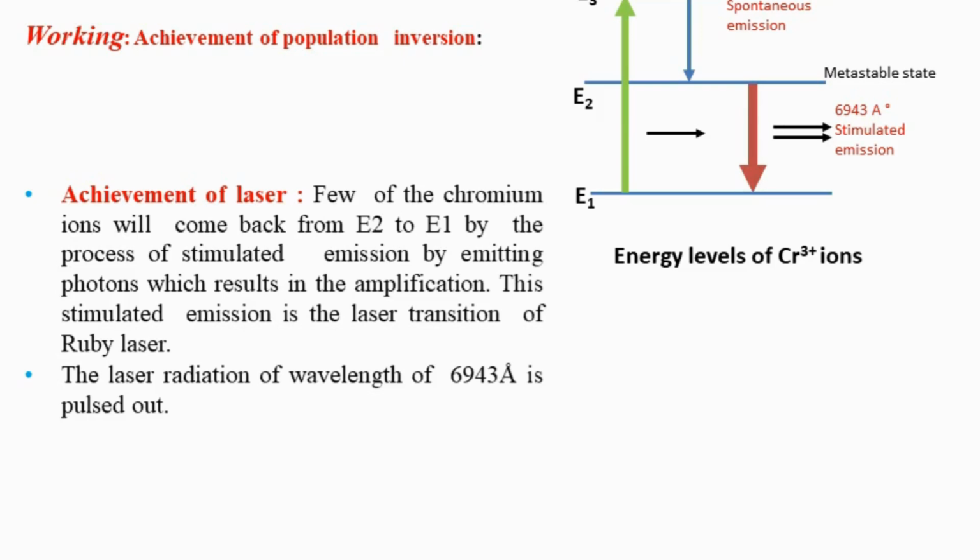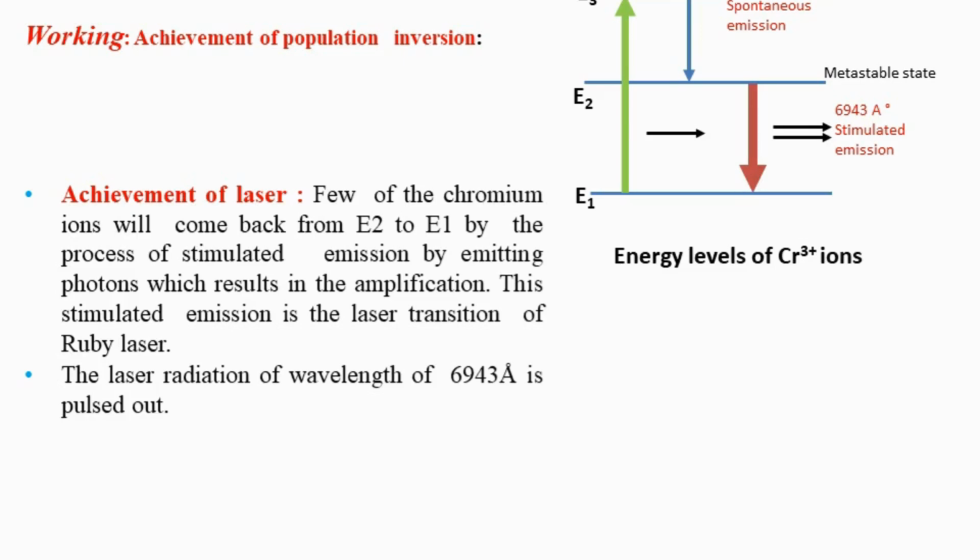After 10 to the power minus 8 seconds, it falls back to the E2 level, which is nothing but a metastable state. As E2 is a metastable state, the chromium ions will stay for a longer time. So the number of chromium ions goes on increasing in the E2 state, but due to pumping, the number in the ground state E1 goes on decreasing.